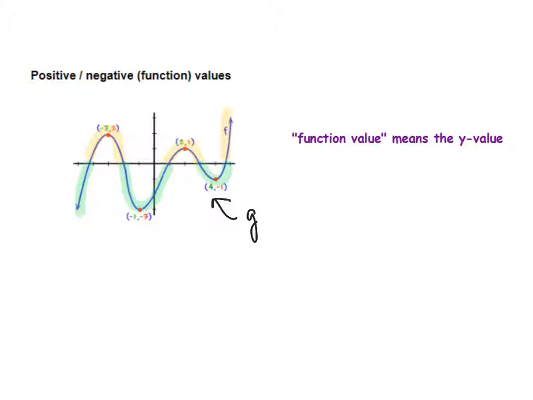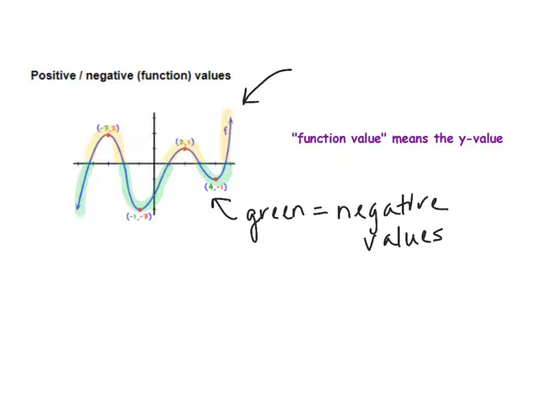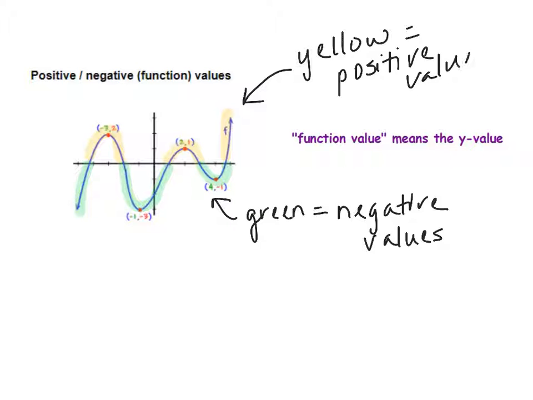And I'm going to say green equals negative values. And here, the yellow equals positive values. And on your notes, you may choose to use some colored pencils or even some highlighters or markers.